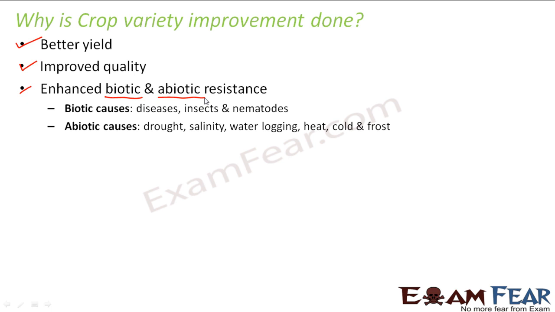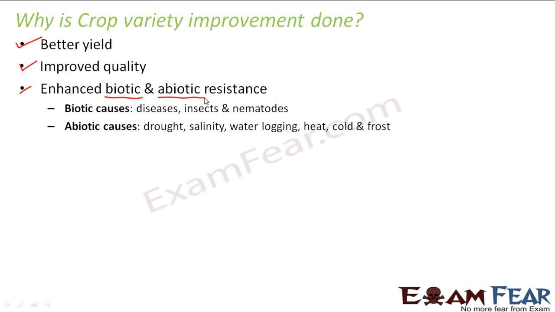Similarly, we have abiotic causes, that means causes which are not living. For example, drought, salinity, waterlogging, heat, cold and frost. When the days are too sunny during summers, what happens? The plants start drying up. You would have observed this in your garden also, right? When there is too much heat, your plants start drying up.